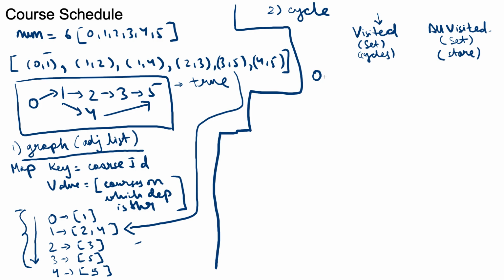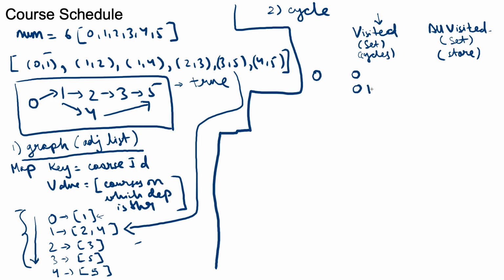So if you start with 0, you will enter 0 in this visited set. Next we will see where we can reach from 0. We look at the values corresponding to the course ID, and we see that course 0 is dependent on course 1. So we will add one more value to our set, which is 1.